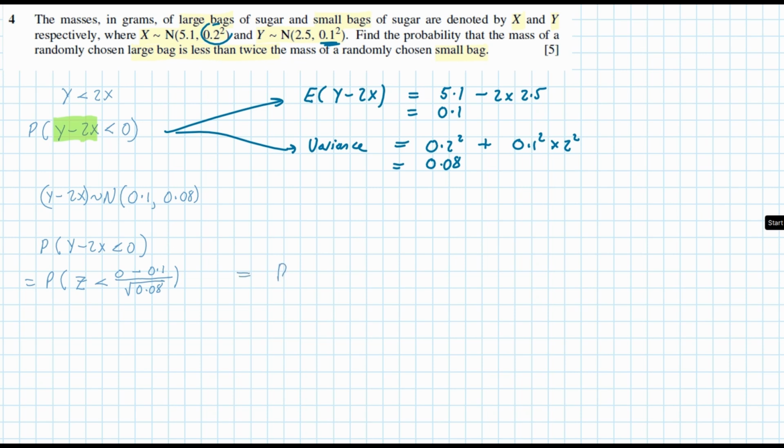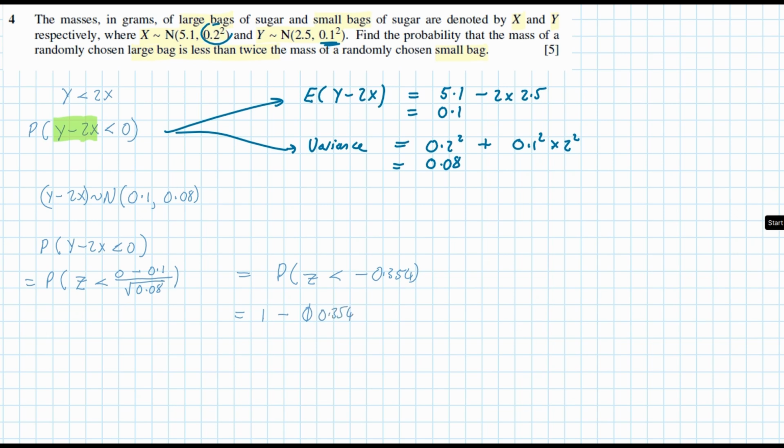And we can see that that is equal to the probability that Z is less than negative 0.354, which is the same as 1 minus phi of 0.354.